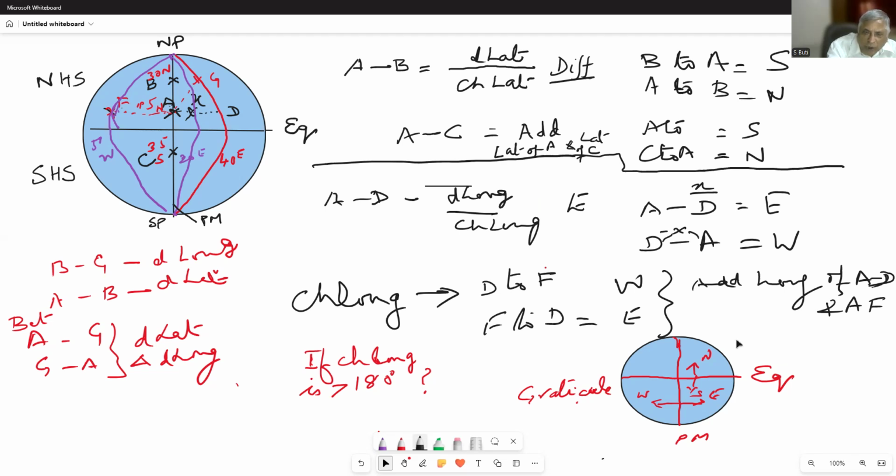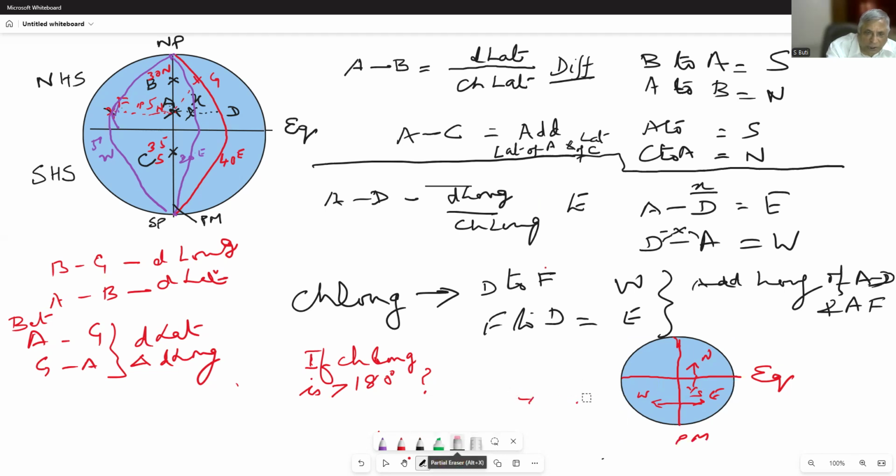This total network of imaginary lines drawn on the surface of the Earth is called the graticule. Okay. Now, what is this network?